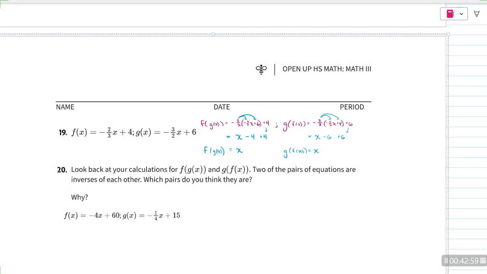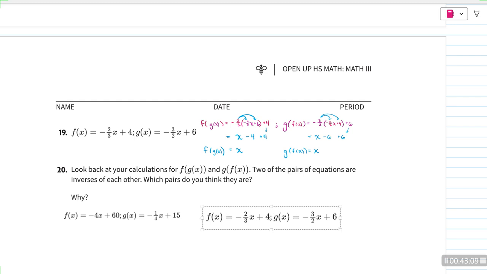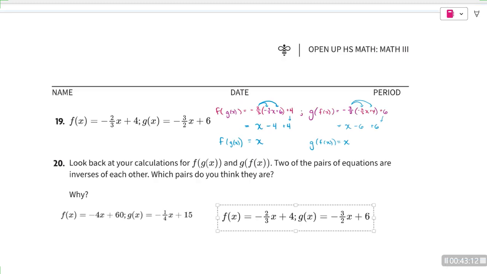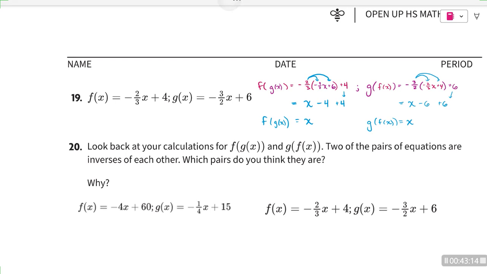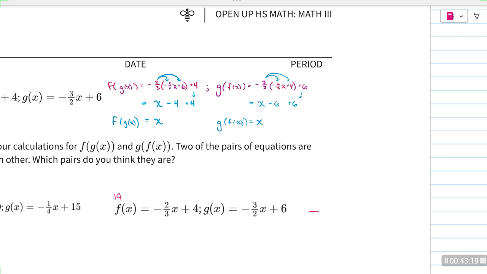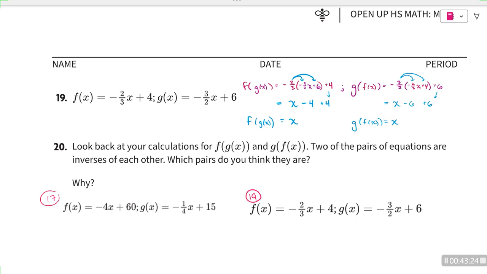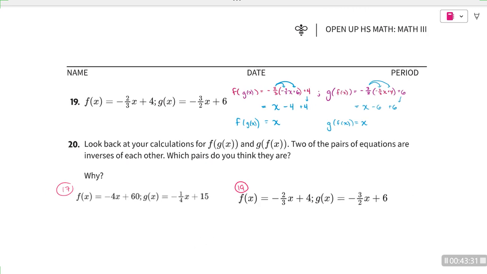And let's talk about the why. So, our pairs from question 17 and 19, f of x and g of x. Look back at your equations. Two of the pairs are inverses of each other.